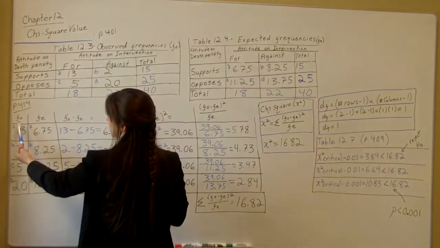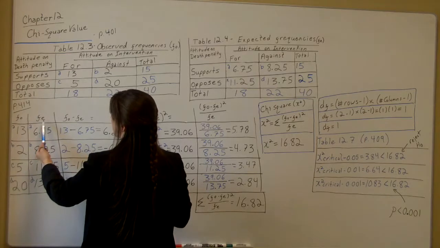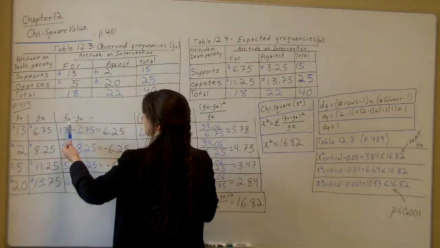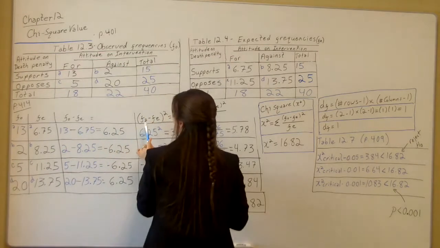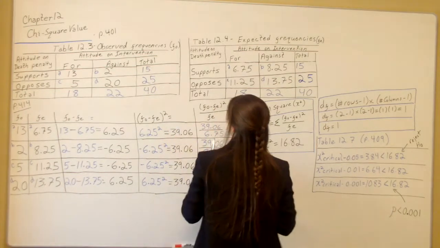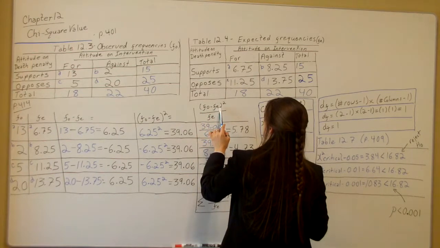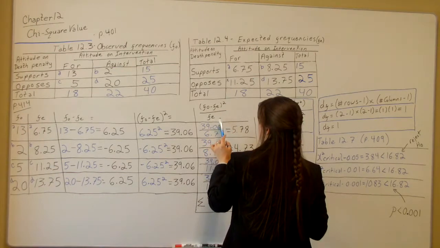Notice your columns are headed F subscript O, which is your observed frequency, and then to the right of that you have your expected frequency, F subscript E. Then you have the observed frequency minus the expected frequency, then that difference squared, and the far right column is the observed frequency minus the expected frequency, squared, over your expected frequency.